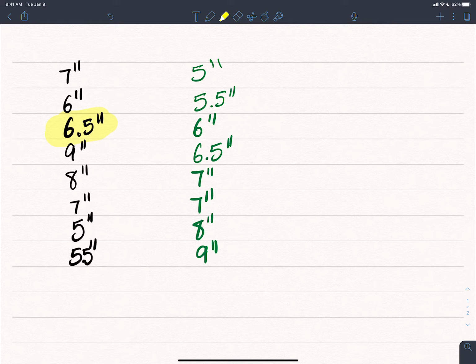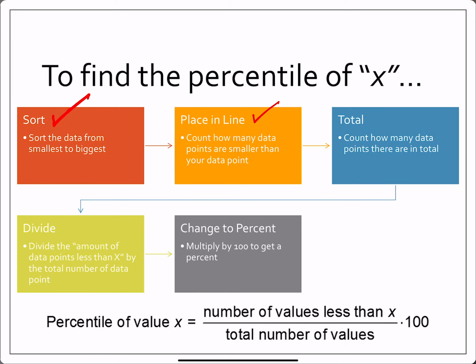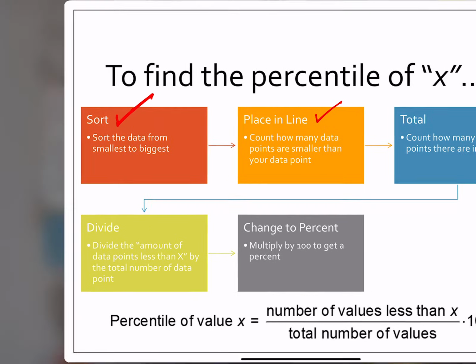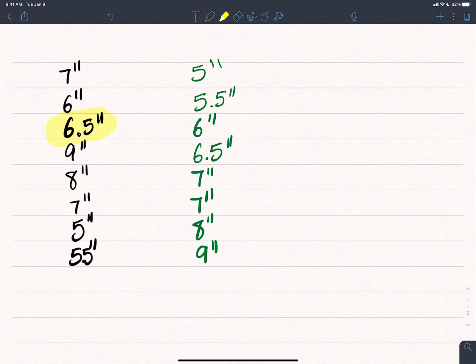So for that 6.5 inches, we need to count how many data points are smaller than your data point. And I'm making this all up, obviously, as I go. So 6.5 inches here. How many data points are less than it? Well, we got 1, 2, and 3. So that gives us our top number is 3.